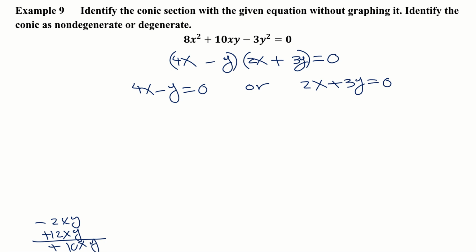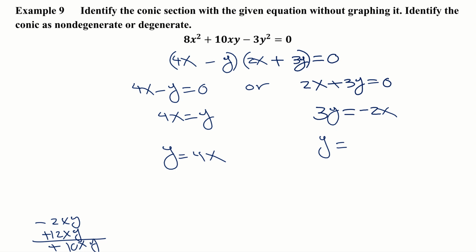So on the left one, I end up with 4x = y, which if you write as y = 4x may be more familiar to you. And this one gives me 3y = -2x, so y = -2/3 x, right? As you can see, these possibilities that we have found give us a pair of intersecting lines.